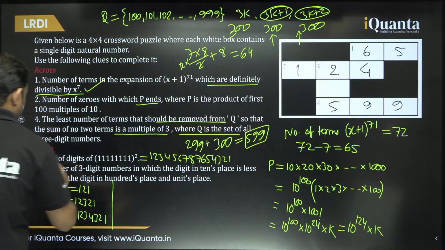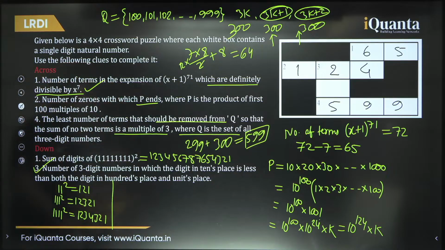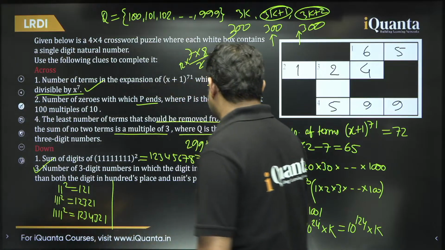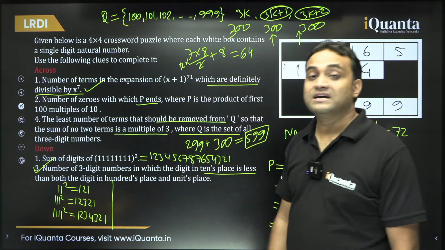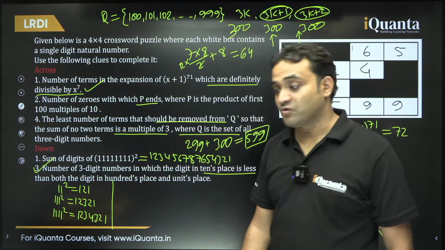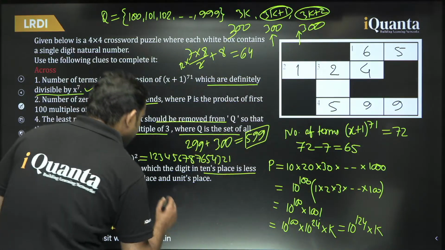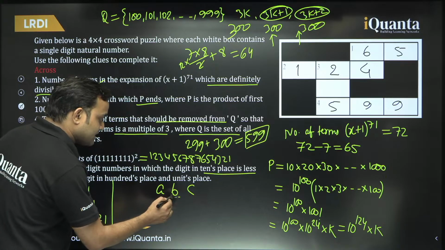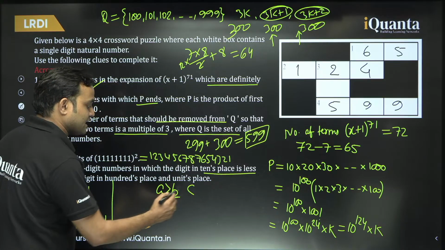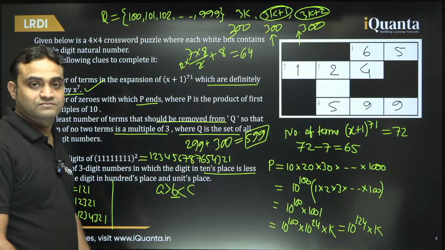Then the third point, in this case it says the number of 3-digit numbers in which the digit in tens place is less than both the digits in hundreds place and units place. So we have a 3-digit number, let us say ABC. The number in tens place is less than A as well as less than C, right?